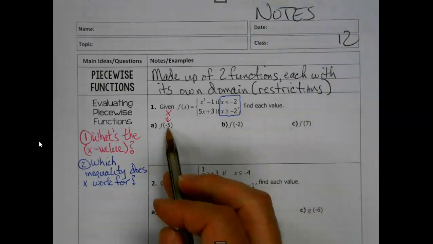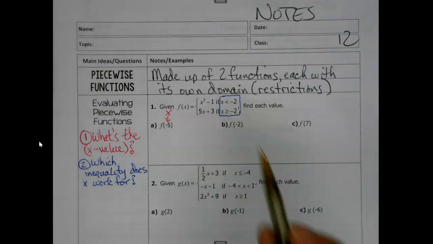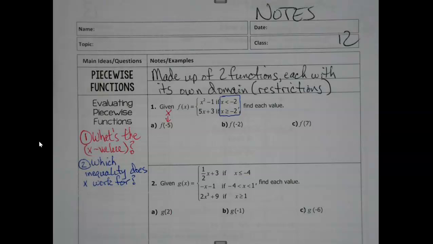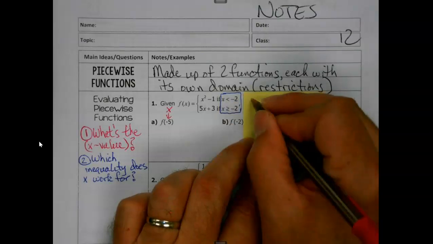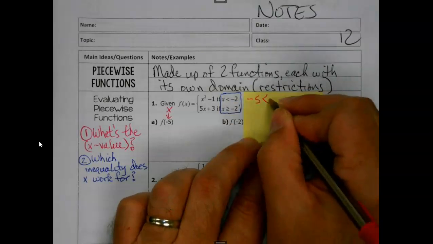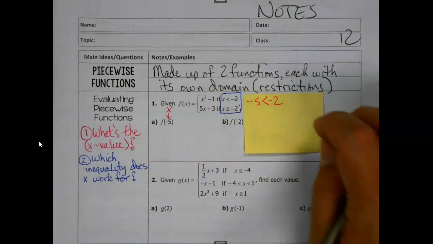The number in parentheses, if I plug it in to the blue box here, is only going to work for one of these. It's not going to work for both. So here's kind of what we're asking. We're saying, okay, so if I plug in -5 for x, is -5 less than -2?